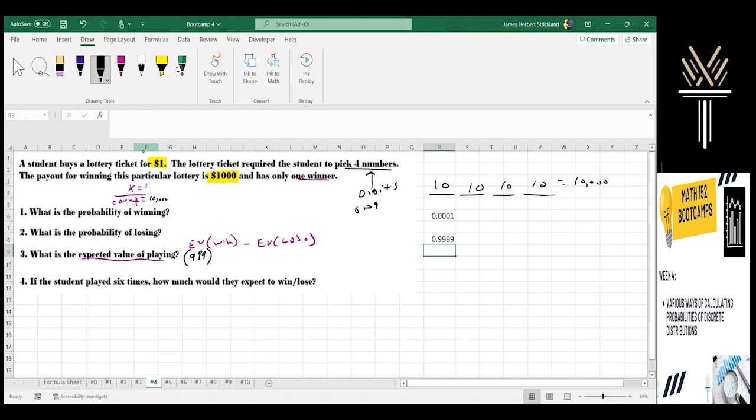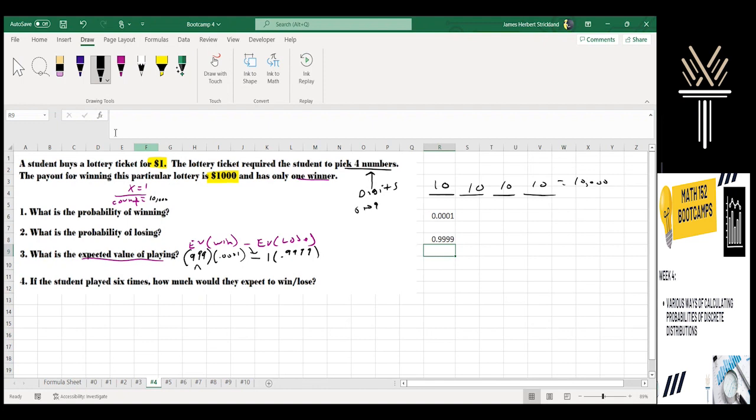And then the probability of winning, because remember, N is our payout, times our P is 0.0001. Where if you lose, the expected value of losing would be, you would lose that $1, right? You would minus the $1. That's why we subtract, because you're losing the money. And then the probability of that $1 being lost is 0.9999.